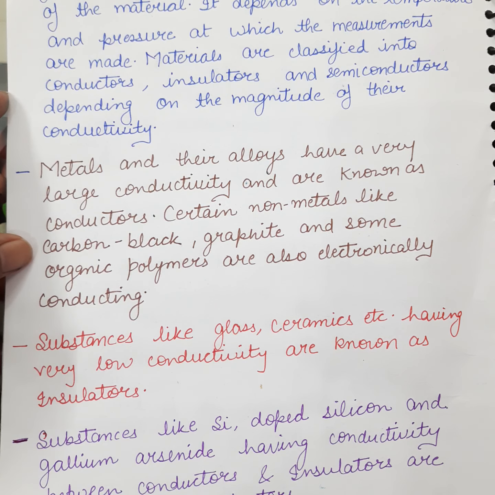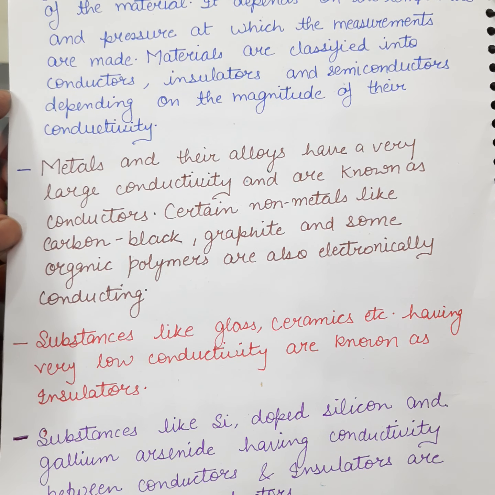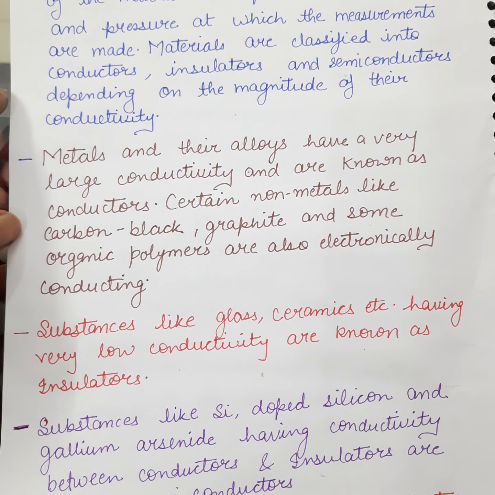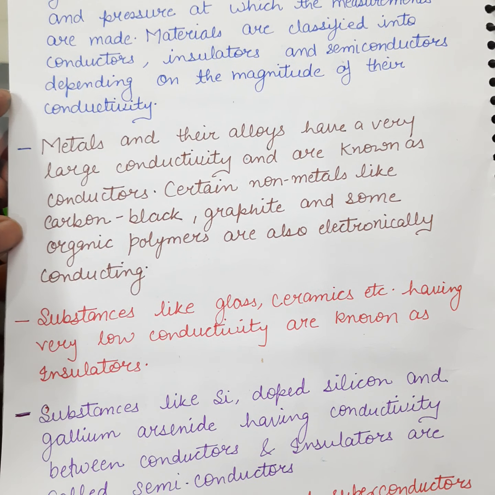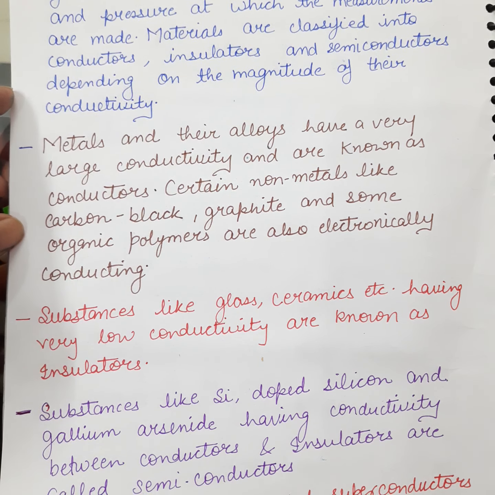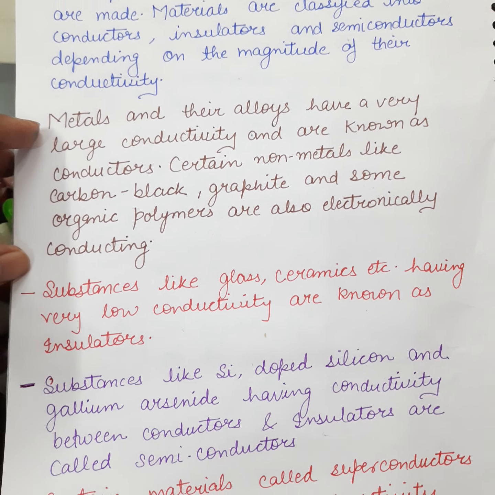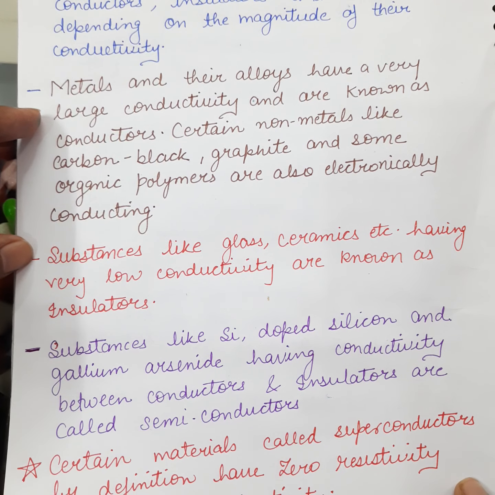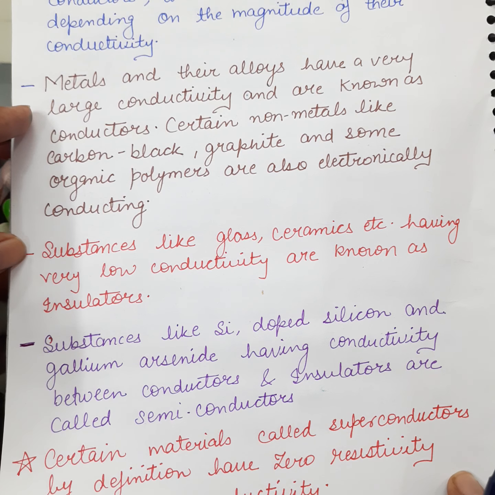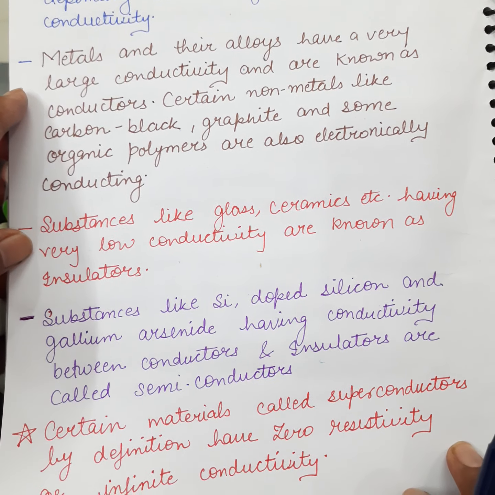Substances like silicon, doped silicon and gallium arsenide having conductivity between conductors and insulators are called semiconductors. Certain materials called superconductors by definition have zero resistivity or infinite conductivity.